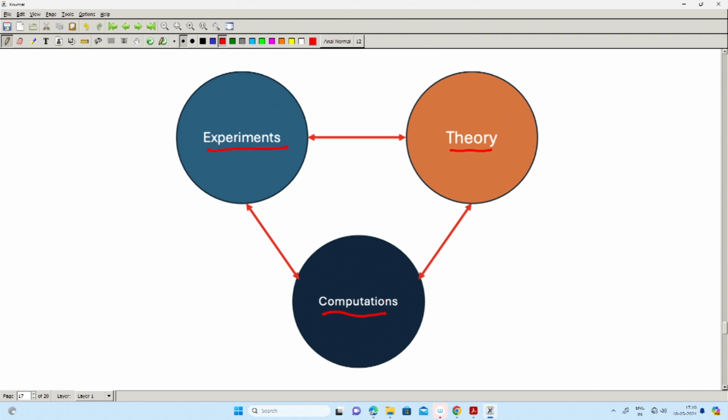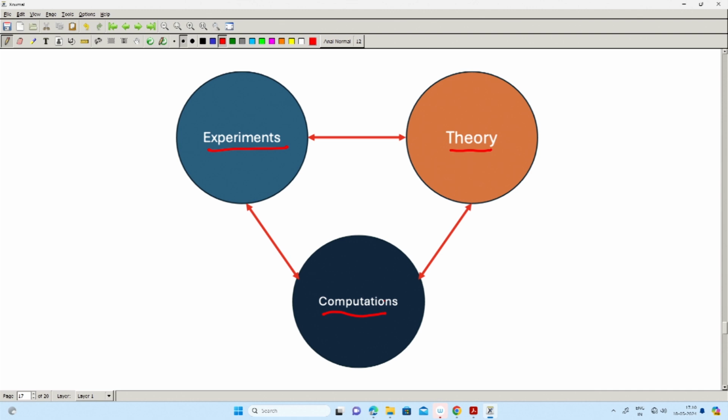So all 3 have their own importance, but all 3 have to be consistent with each other. And if you are proposing a new event or a new phenomenon which is not known, then it has to be validated through all 3 models.